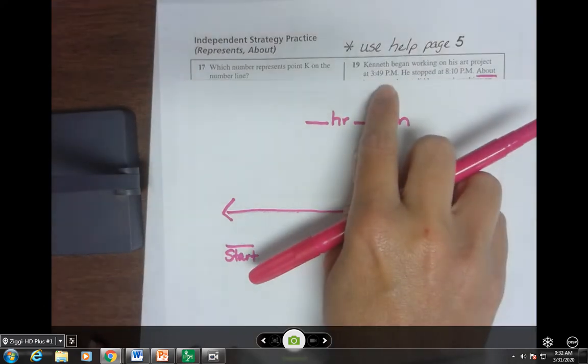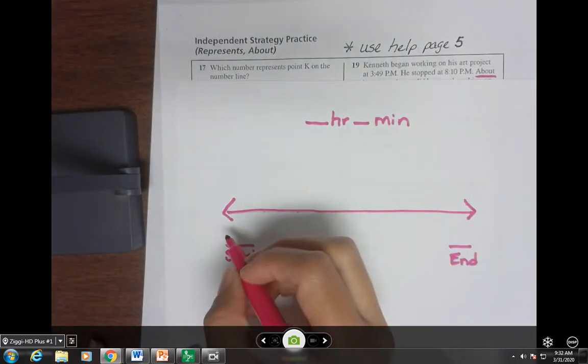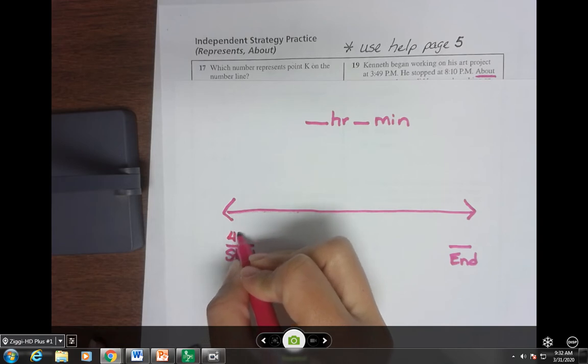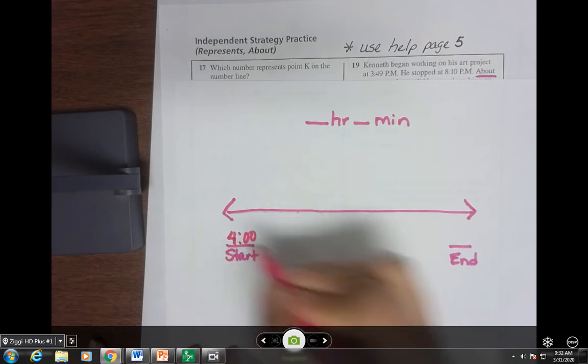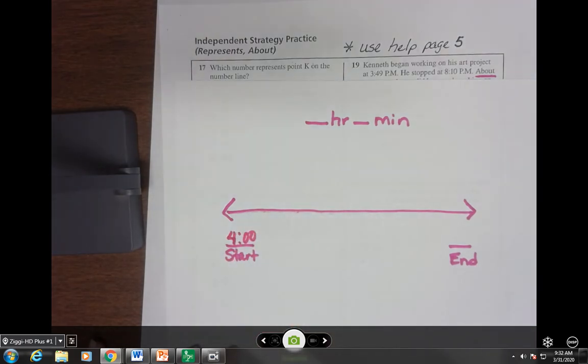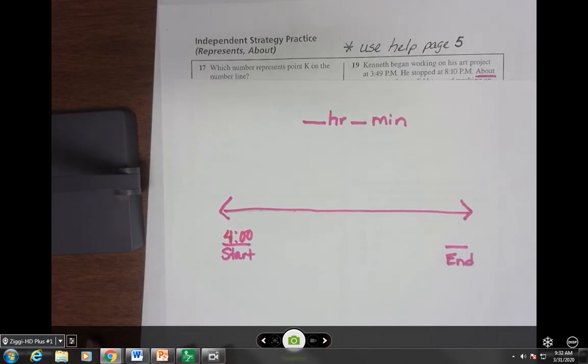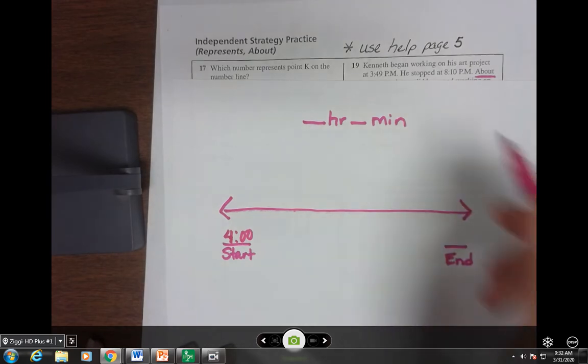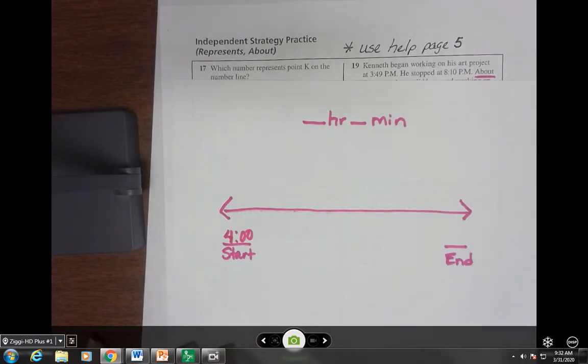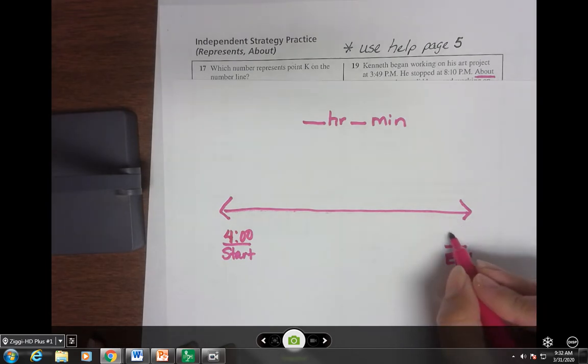So 3:49 is closest to what time, Miss Williams? 4 o'clock. So we're going to put 4 o'clock on our start time. And then he stopped at 8:10. Stopped, remember, is a clock time also, and it would be an end time, and we're going to round 8:10 to 8 o'clock.